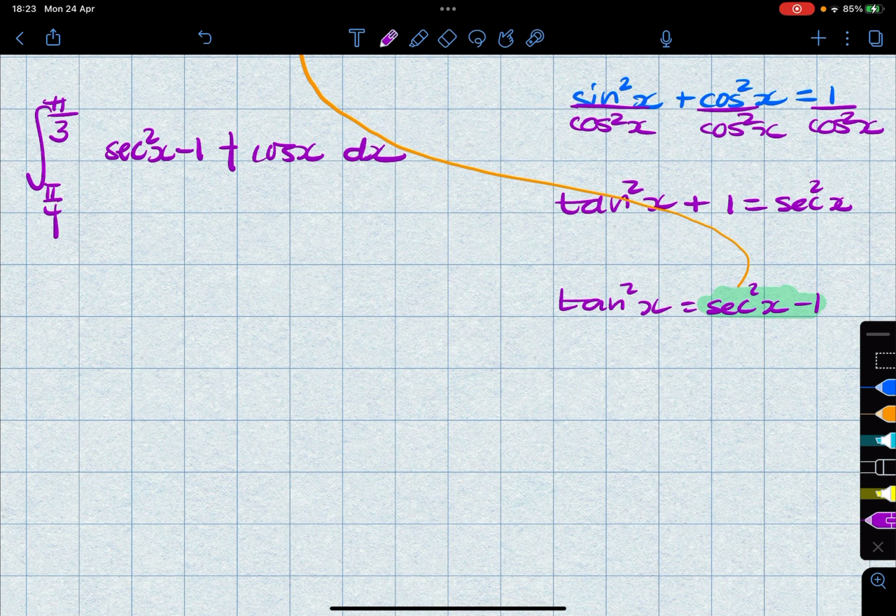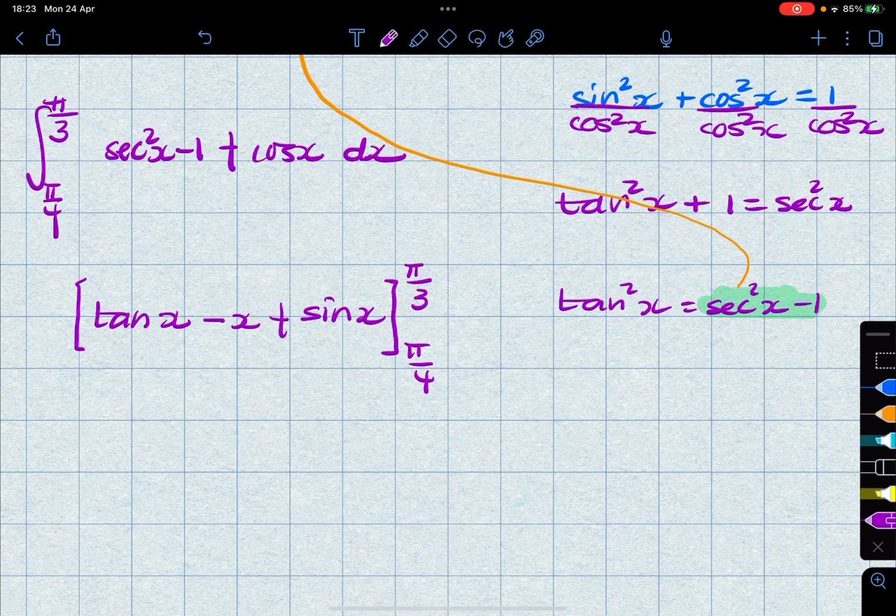So the answer is just tan x. And then minus 1, that just integrates to minus x, and cosine x integrates to plus sine x. And then you just put the limits, pi over 4 to pi over 3.